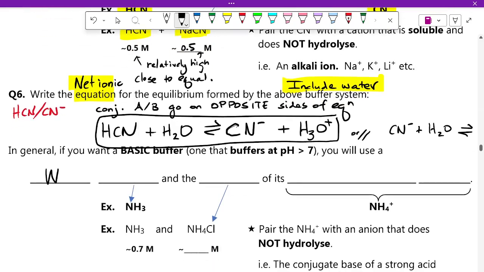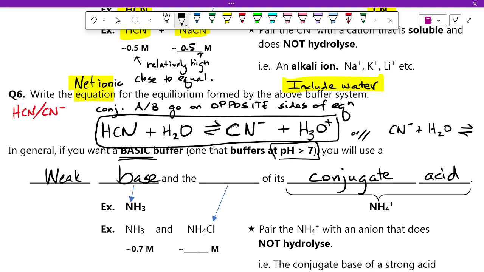When we want a basic buffer, buffering greater than 7, we want a weak base. And what do we put with it? Its conjugate acid, but we don't just want the conjugate acid, we want the salt of the conjugate acid. So we want the WBSCA. So this was WASCABA, and this is WBSCA.